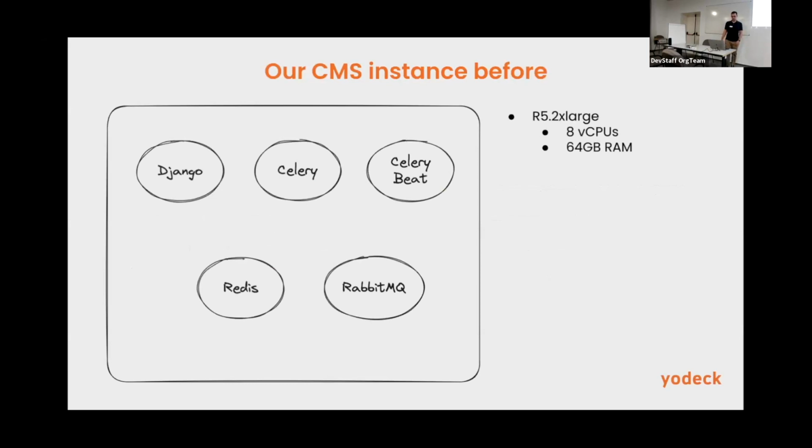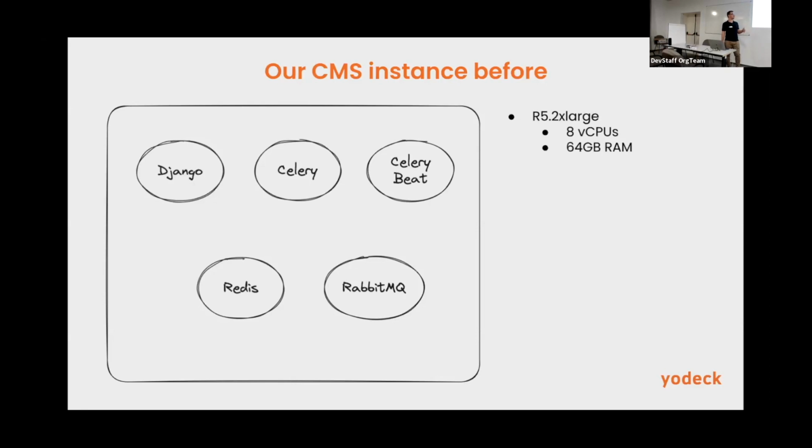At Yodek we have a CMS application that our customers use to customize content that is shown in their monitors, in their screens. And for that, the application server that did all the job was something like this.